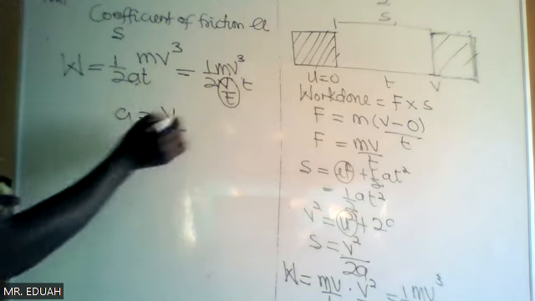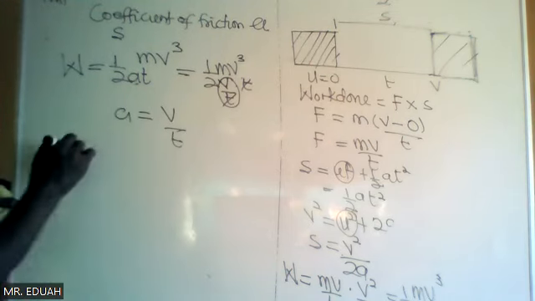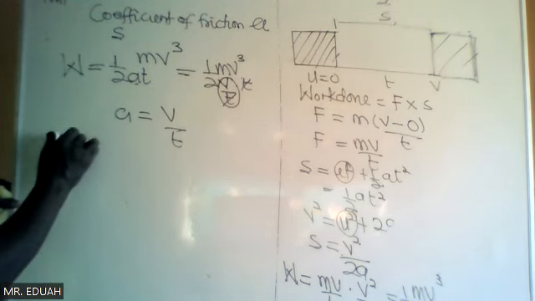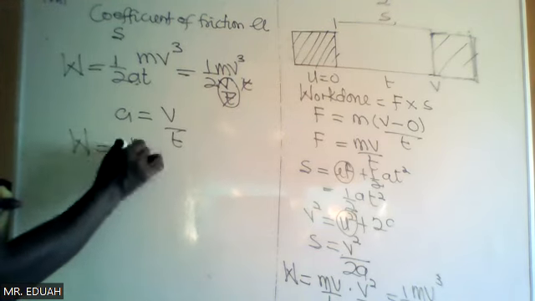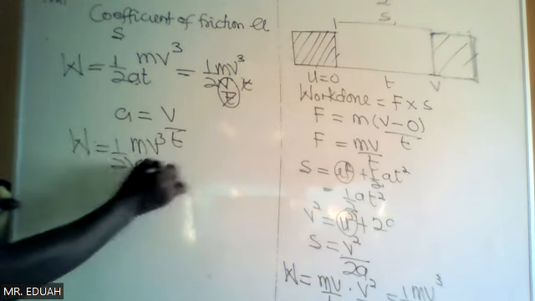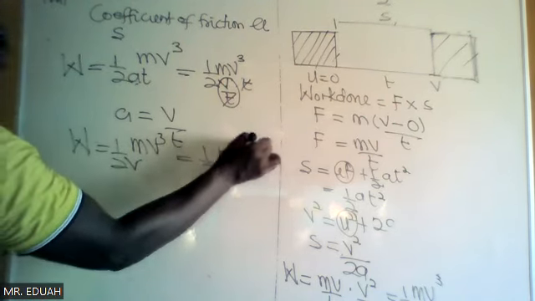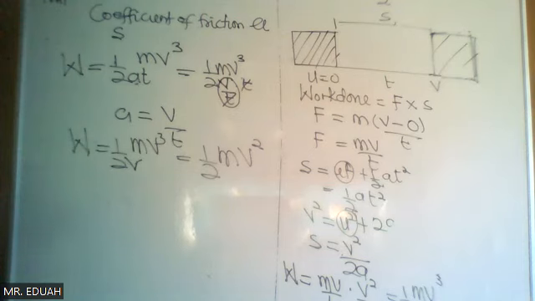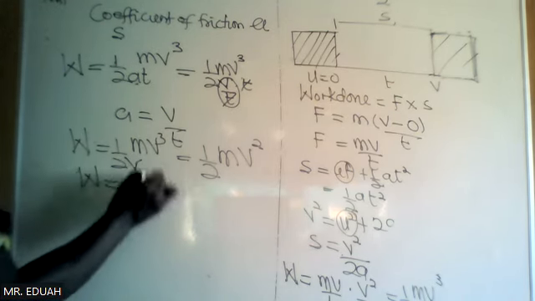When we do that, we'll have t canceling out, and then w is equal to half v mv cube. V canceling, so we have half mv squared to give us the expression for the work done.